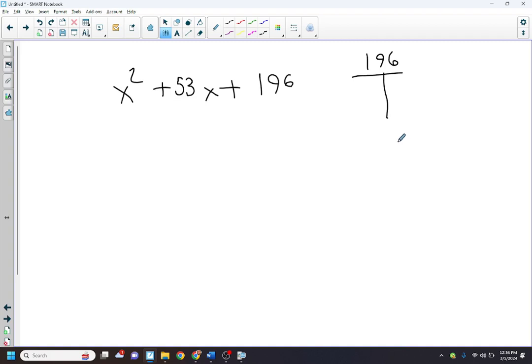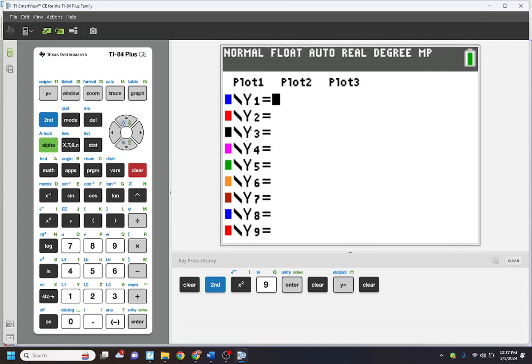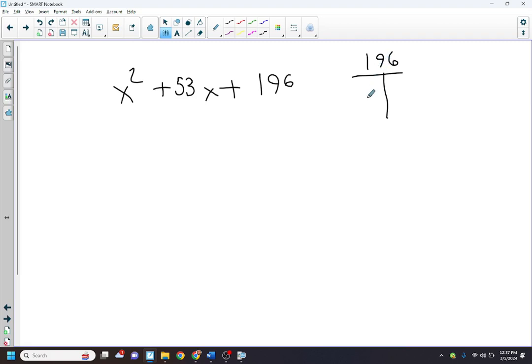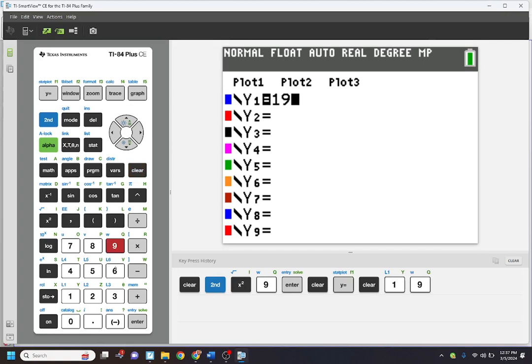So how can you find that quickly? In your calculator, you could go to y equals, which is the most top left button. Make sure you have this cleared. Since I'm looking for things that multiply to 196, I'm going to use 196 divided by x.